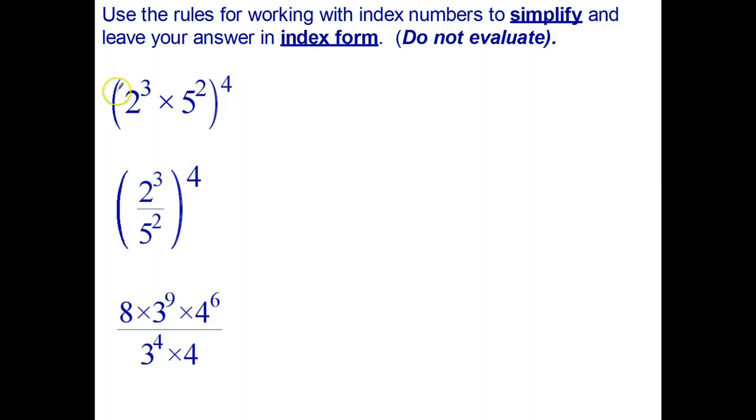So looking at this first one, we've got 2 cubed times 5 squared all to the power of 4. In order to remove the outer brackets, I've got to basically raise 2 to the power of 3 to the power of 4, and then multiply, and I have to raise 5 to the power of 2 all to the power of 4.